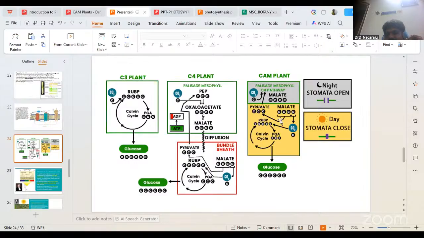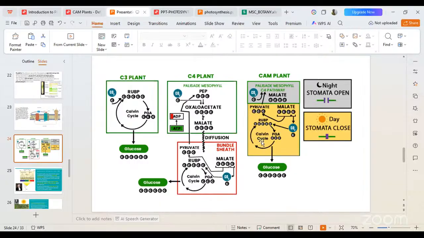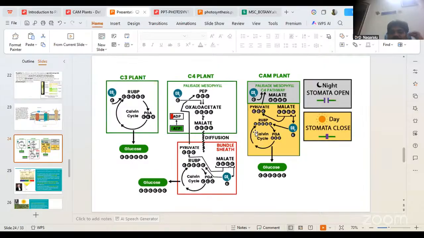Then that participates in decarboxylation so that carbon dioxide is released. That carbon dioxide participates in the C3 cycle again. In the light reaction, the major utilization is water.